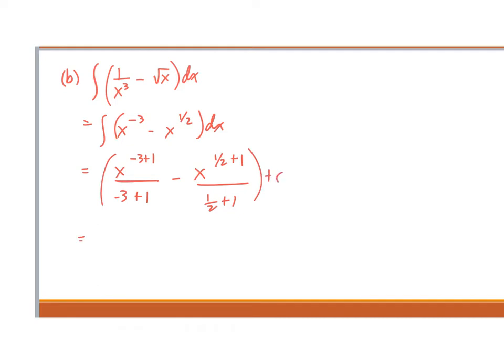So we could write this first as x to the negative 2 over negative 2 minus x to the 3/2 over 3/2 plus c.